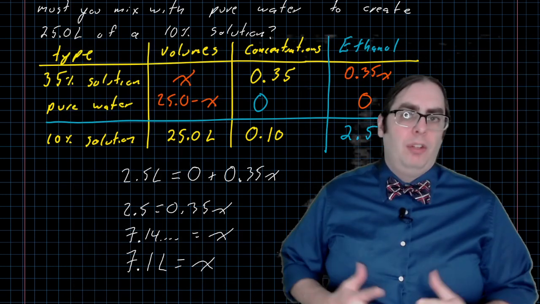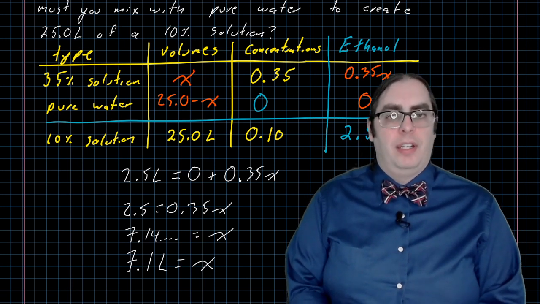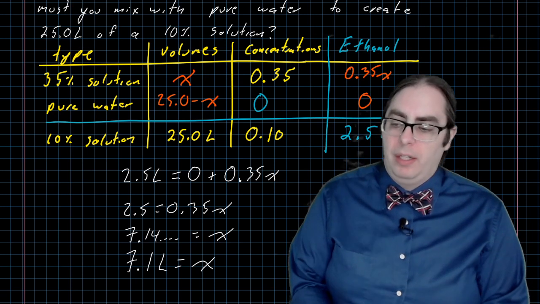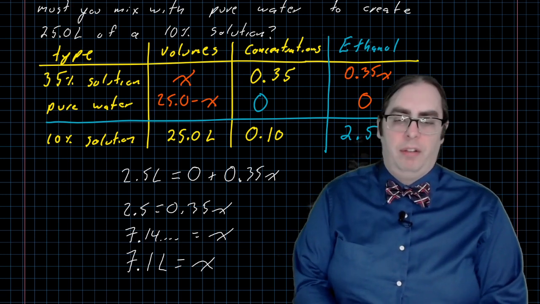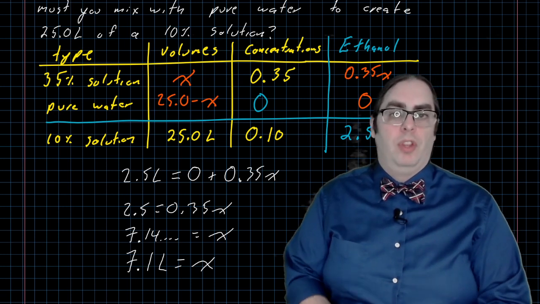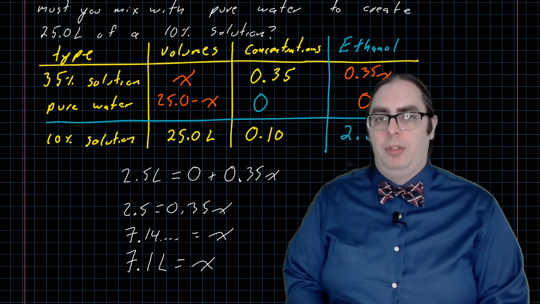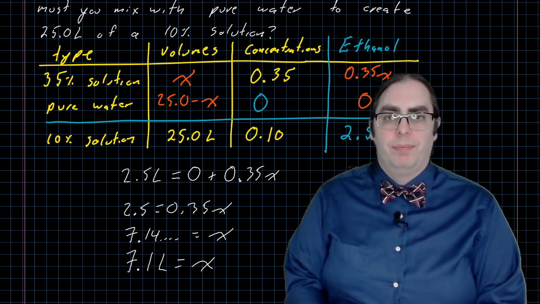All right, so in this problem, we're going to need 7.1 liters of our 35% ethanol solution, and then the remainder, 25 liters minus 7.1, is 17.9 liters of pure water. Mix those things together, following the appropriate safety protocol of a chemist, and you have your ethanol mixture.